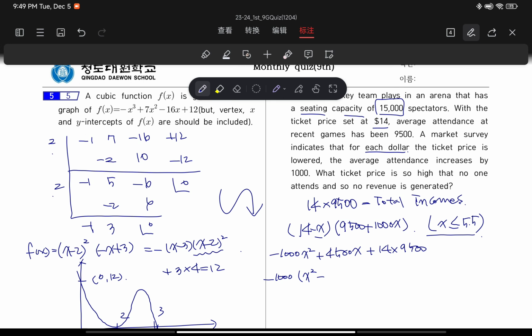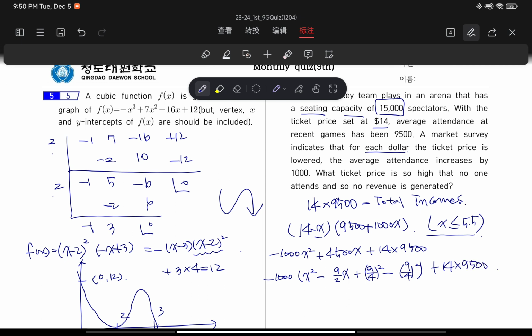so 9 over 2 x. Okay, and plus 9 over 4 squared minus 9 over 4 squared, and plus some numerical numbers there.